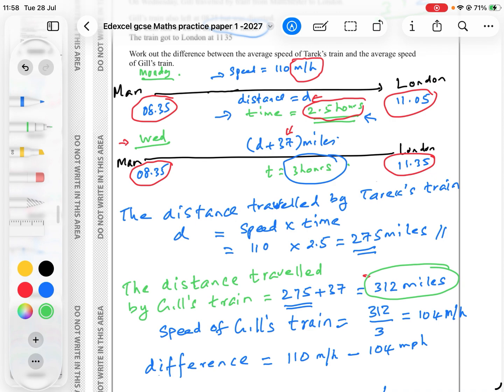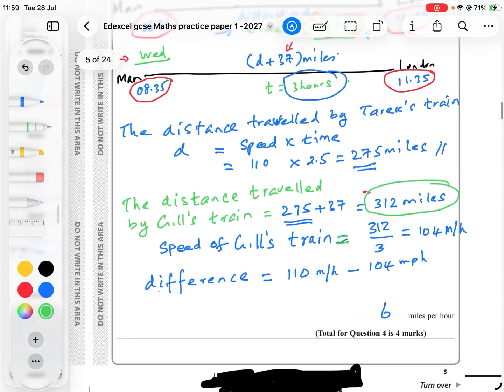So now we work out the speed of Gill's train. What is the formula for speed? Speed equals distance divided by time.